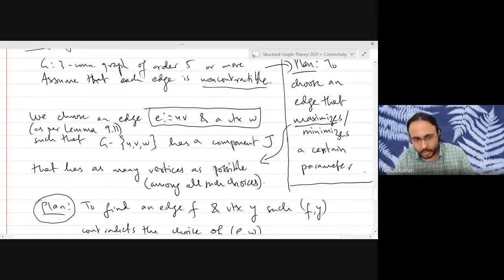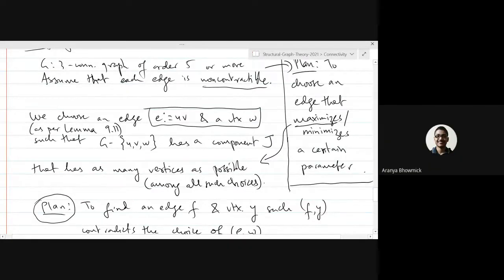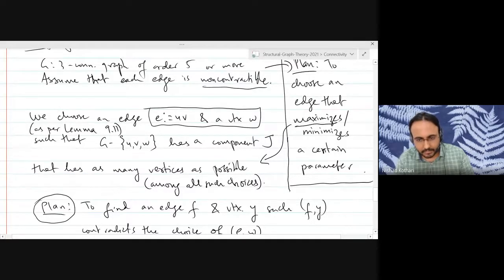So among all choices of E and W, we are going to choose E and W so that we get a component that has as many vertices as possible after removing the vertices U, V, W. So, sir, the maximum we are getting is basically over all such E, W pairs. Exactly. You can even think of it as all triplets.